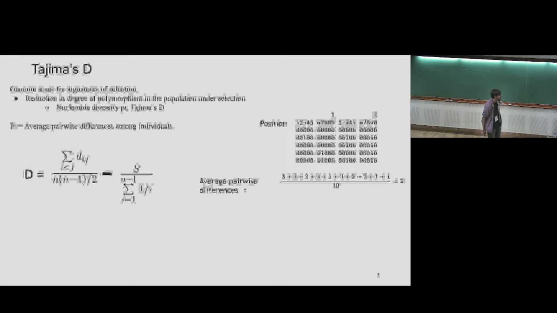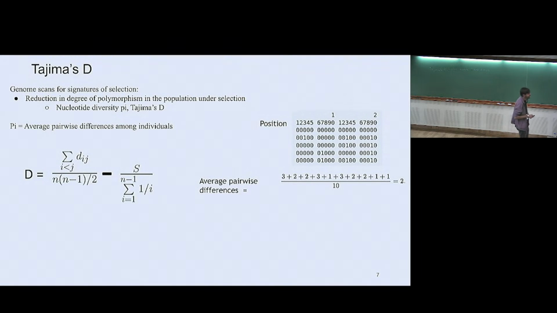Now we'll move to the second part of this equation. S is the total number of segregating sites. You have 20 sites here, right? How many of these sites are polymorphic? Can you count?